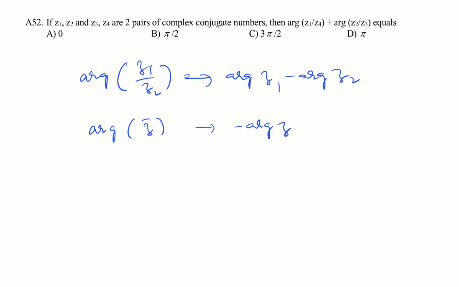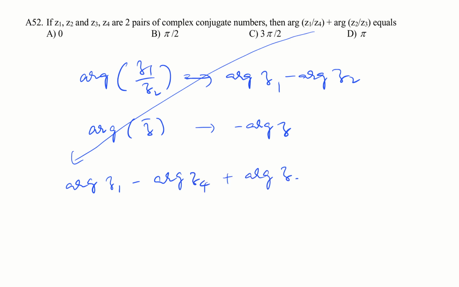So as he said that z1 and z2 are conjugate to each other, from this we will get argument of z1 minus argument of z4 plus argument of z2 minus argument of z3.